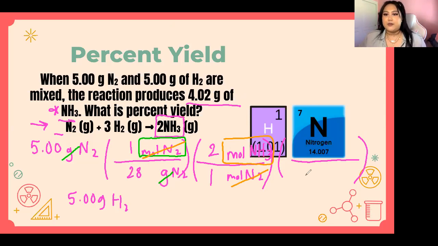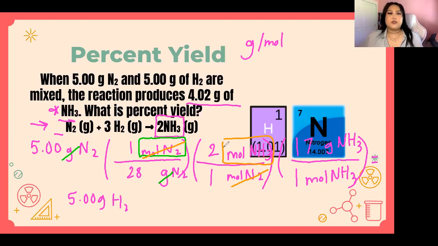So we bring down that moles of NH3, and there's only 1 because we're just figuring out the molar mass. So remember, the unit of molar mass is grams per mole. So that's what we're using. So what is the molar mass of NH3? Okay, so you have 17.